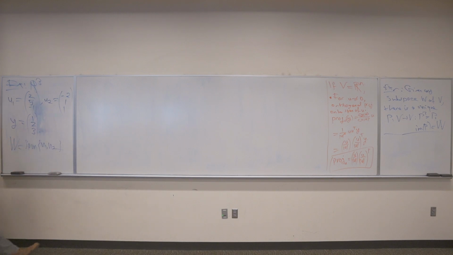So this is a two-dimensional space, and consequently, this is also a basis for W. What I was trying to compute was the orthogonal projection of y onto W.